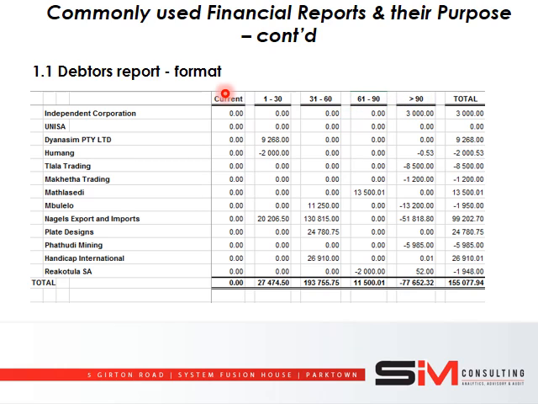All these are your indicators of the time within which your business is being owed money. You don't always have to set up your time from 1 to 30, 31 to 60. Depending on the nature of your business, you can choose however you want to set up your time lapses.